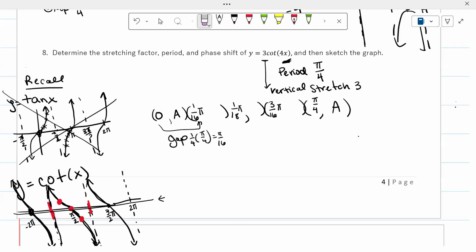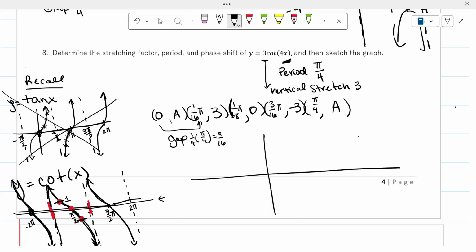All right. Next, midline didn't change, so this will be a 0. Now, normal cotangent has a value of 1 there, but we're stretching it by a factor of 3. Same thing with the one that's below the midline. We're stretching it by a factor of 3. Then a 0 asymptote.